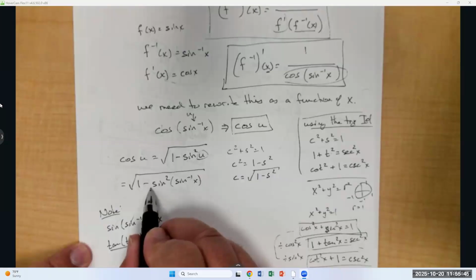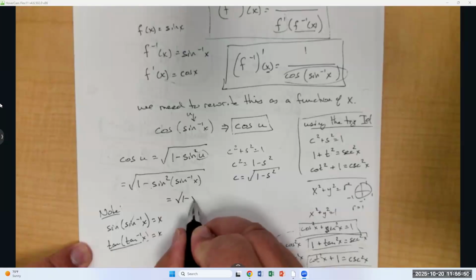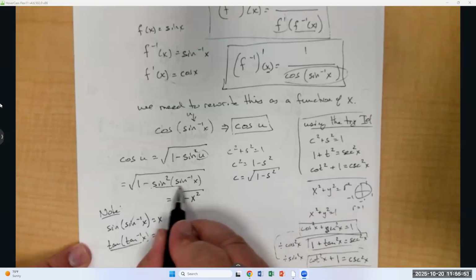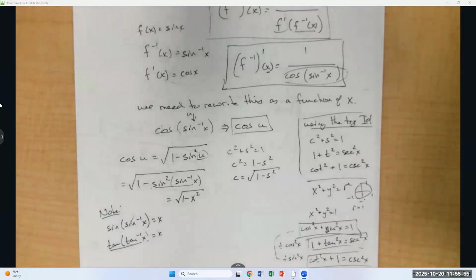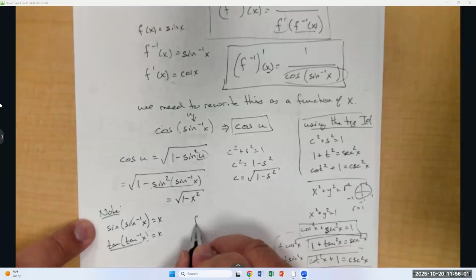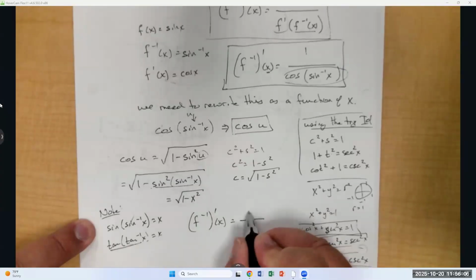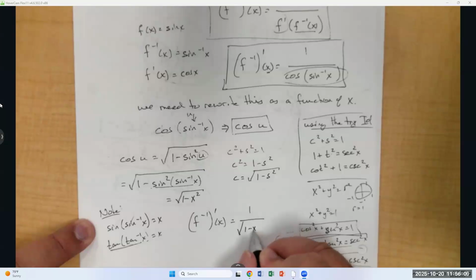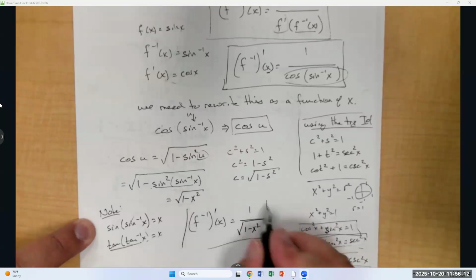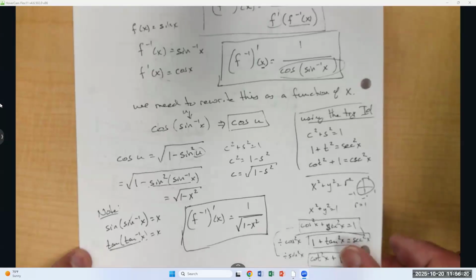So this now can be written as 1 minus x squared, since this equals x. So the derivative of the inverse equals 1 over the square root of 1 minus x squared.